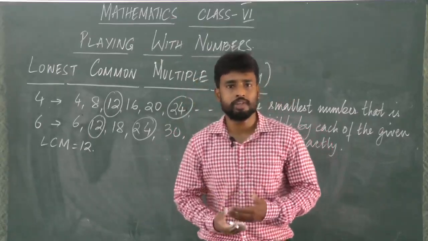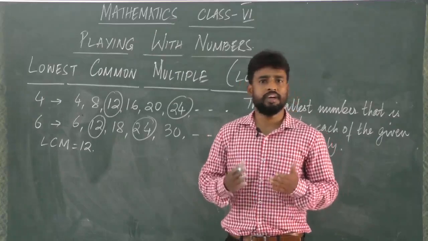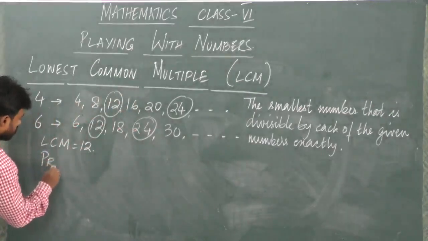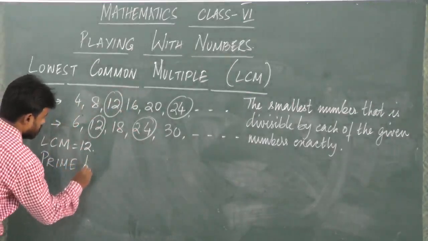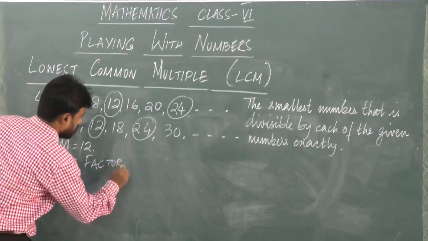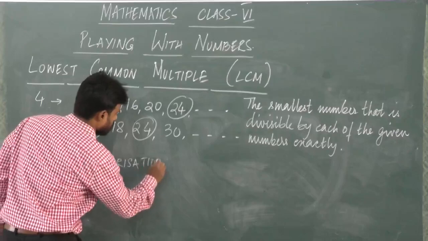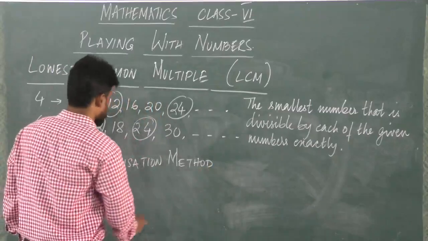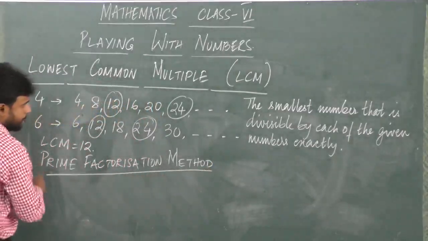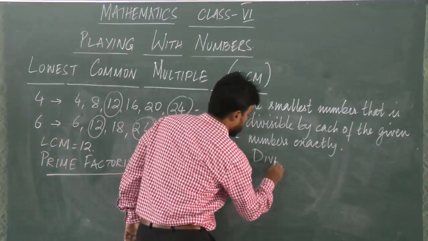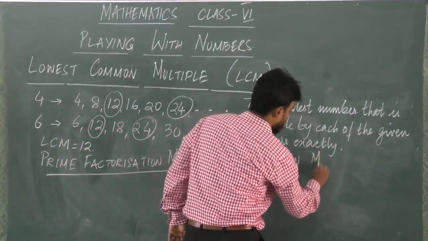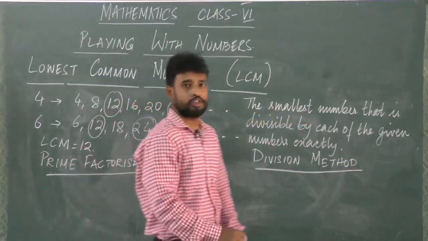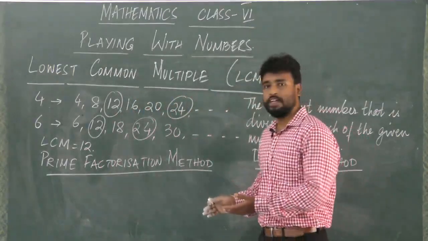Now in LCM also there are two methods to find out LCM. First is the prime factorization method, and then the division method.